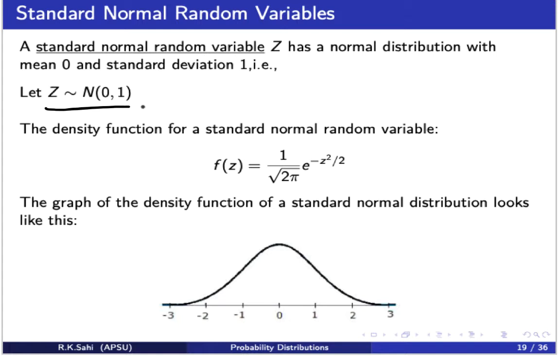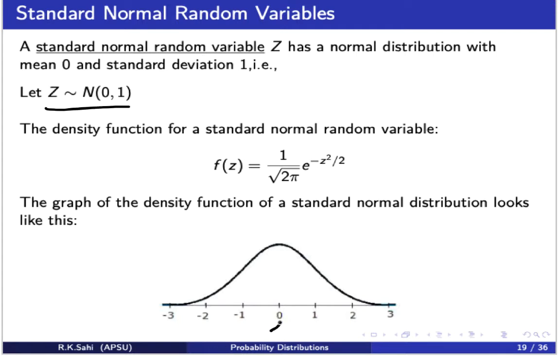Similar to the normal distribution, it has a density function which is given by this equation. That's good to see, but our main focus is, how can we draw a graph of the density function of a standard normal distribution? It's the same as the normal distribution. It is a bell-shaped curve, but at the same time, the mu now here is 0.